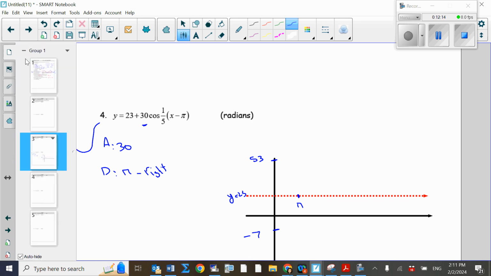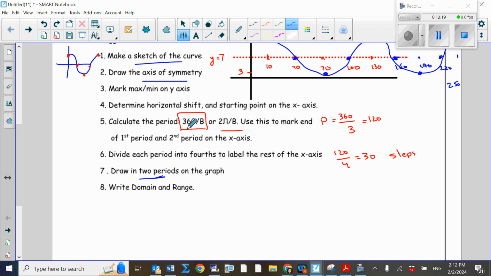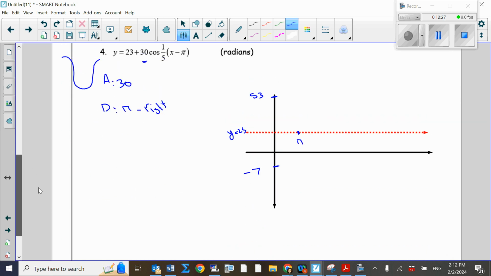Okay, the next thing that we need to find is the period of the function using 2 pi divided by b, because this function is in radians. So the period of the function is 2 pi divided by the b value, which is 1/5.